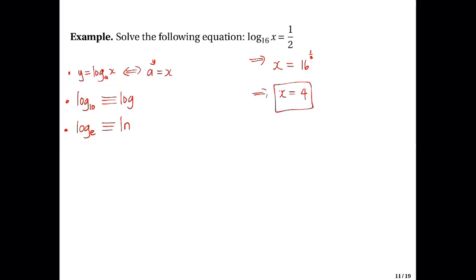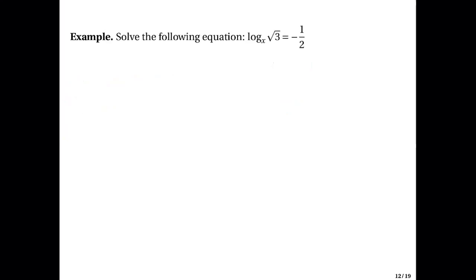Next problem. We want to find log of square root of 3 with base x. Take note of that. With base x equals negative 1/2. So we want to solve for the value of x, satisfying log square root of 3 base x equals negative 1/2.